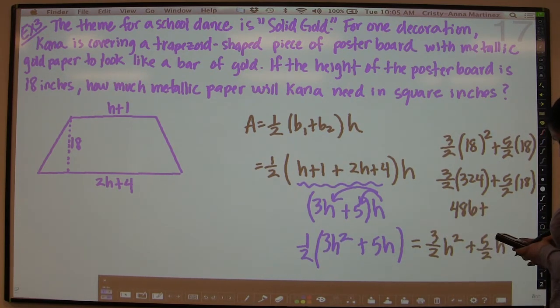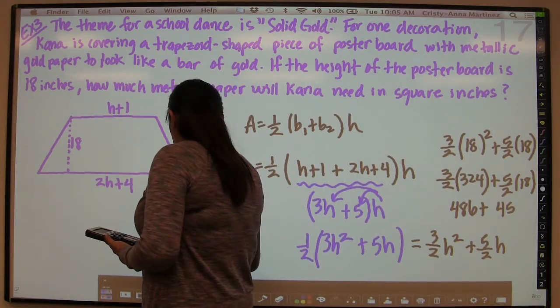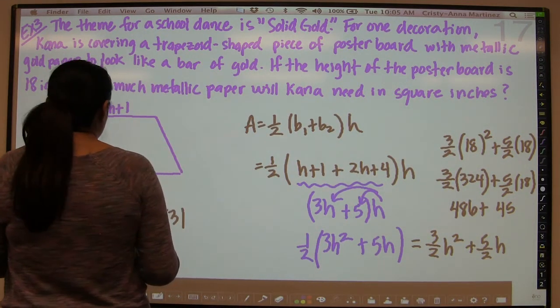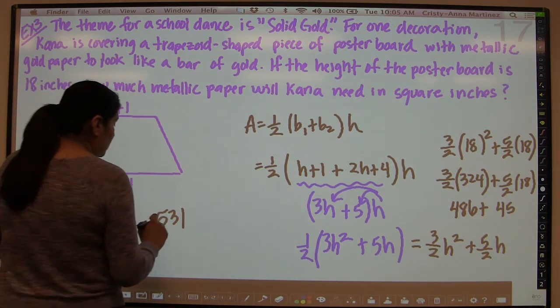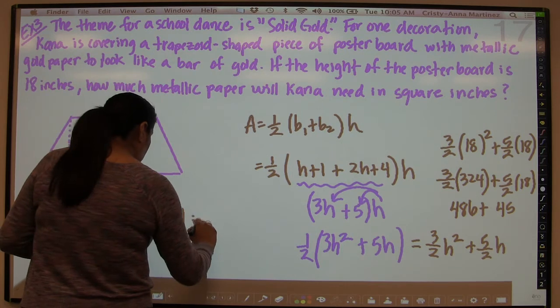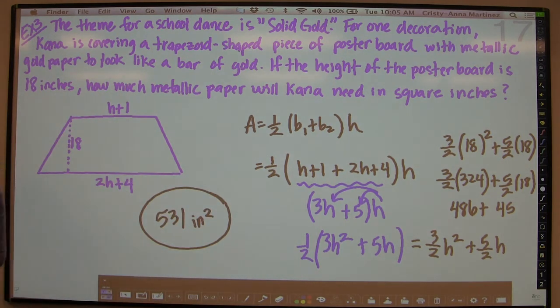And 18 times 5 halves is 45. And if we combine 45 and 486, we get a whopping 531. So the question was, how much metallic paper will she need in square inches? 531 square inches of fabric will be needed for that.